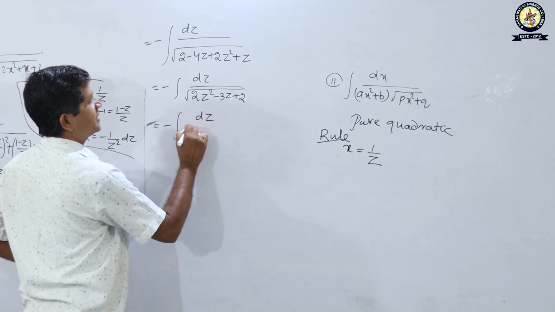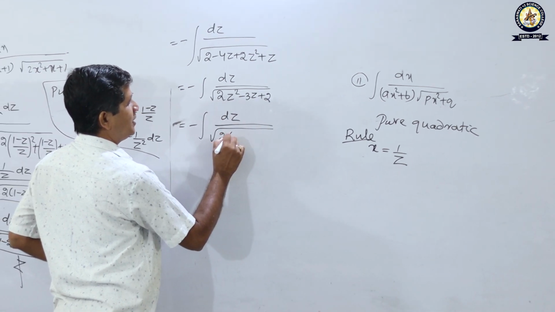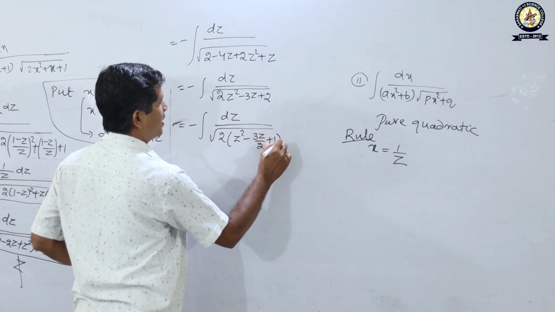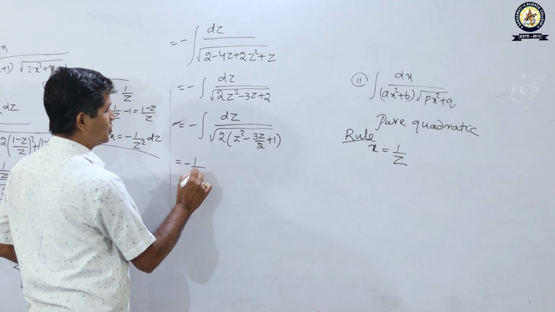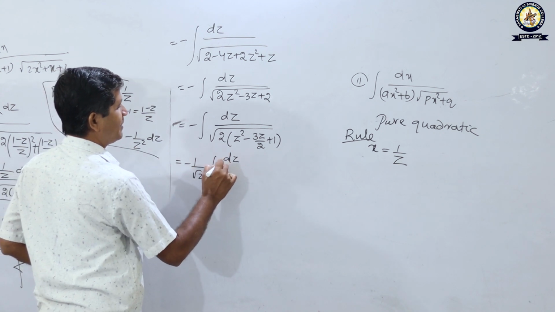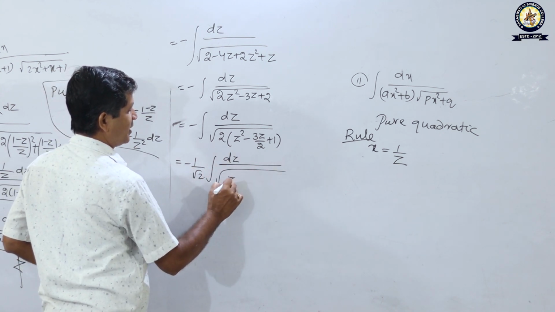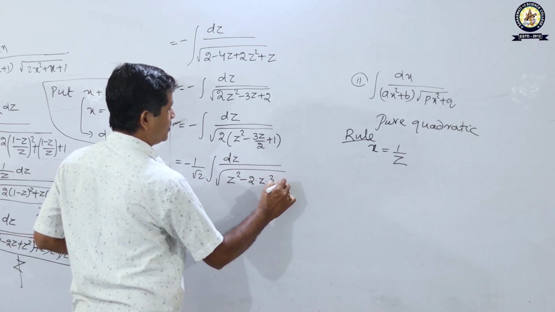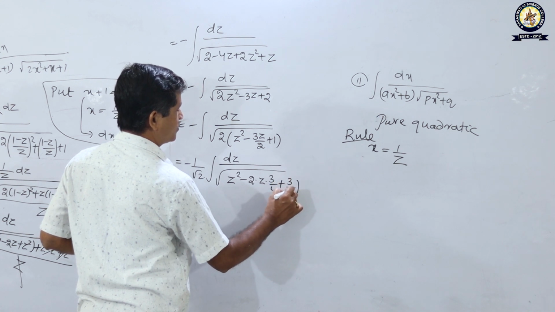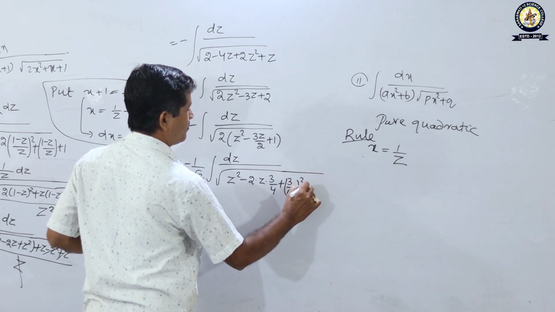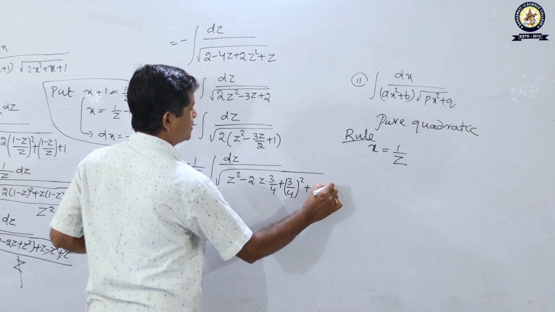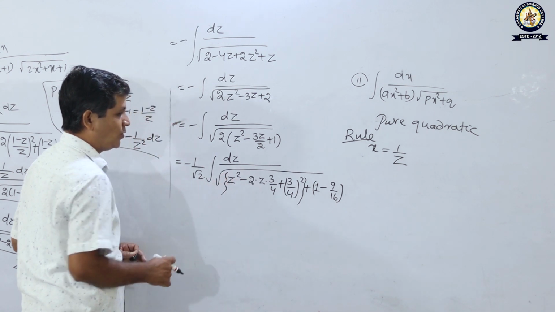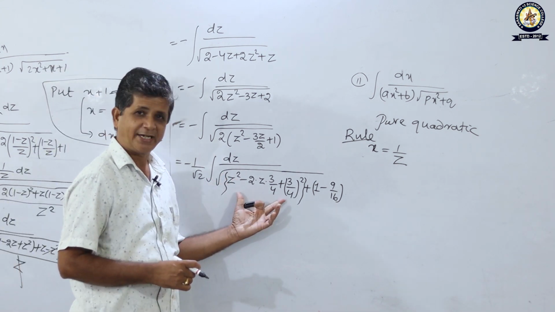Take 2 common in the root over, it will be z square minus 3z by 2 plus 1, minus 1 by root 2 into dz by root over of z square minus 2 into z into 3 by 4 plus (3 by 4) square, plus 1 minus (3 by 4) square, which is 9 by 16. We add (3 by 4) whole square to make it a perfect square.